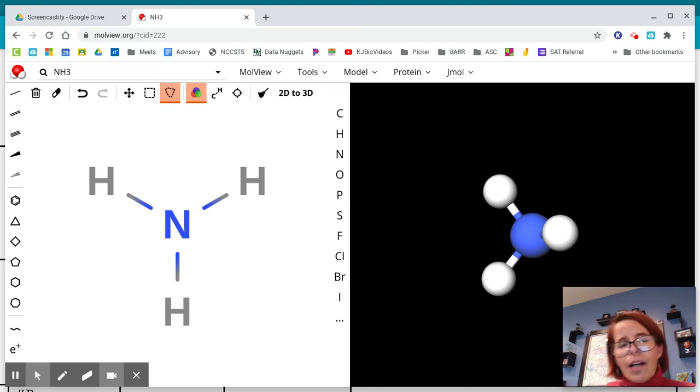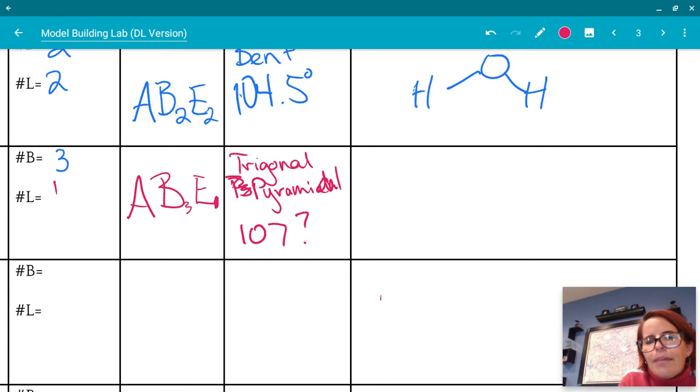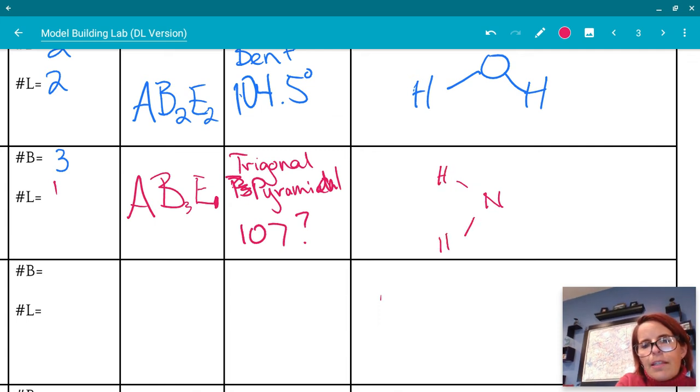So I can draw this many different ways. This is the way I choose to draw this one. So I'm going to go back to my drawing program and put the N like this, and one hydrogen like that, and one hydrogen like that, and the third hydrogen sticking out.